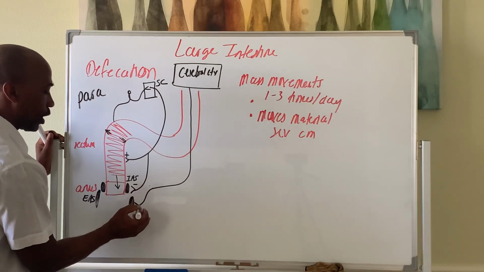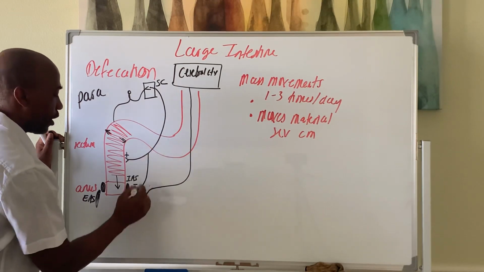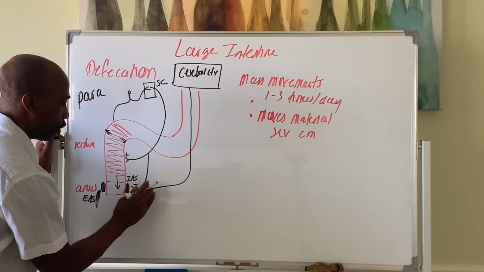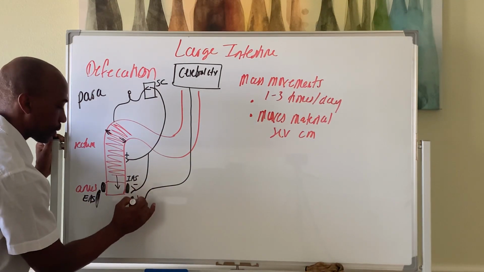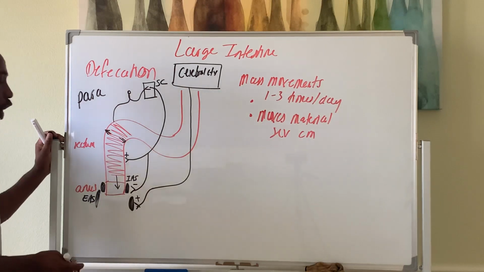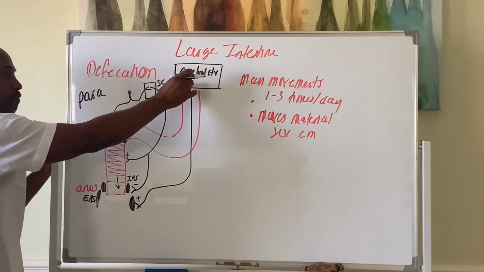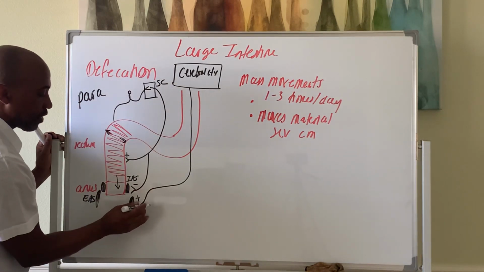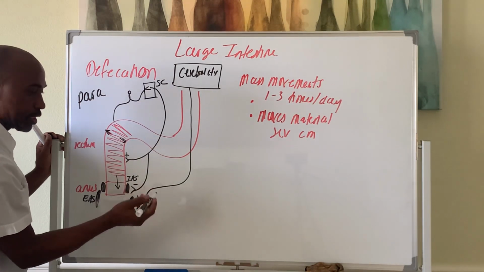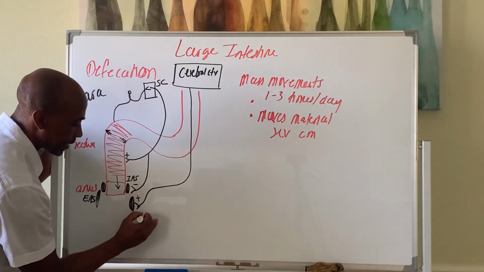And if you do not want to defecate at the moment, then this one will keep it closed. So you can voluntarily keep it closed, and when you want to defecate voluntarily, then this is relaxed. Okay.